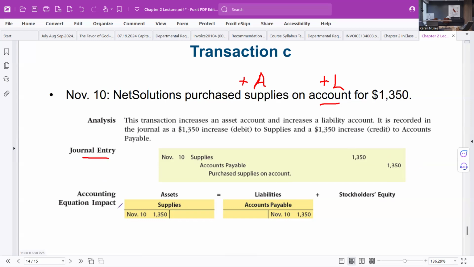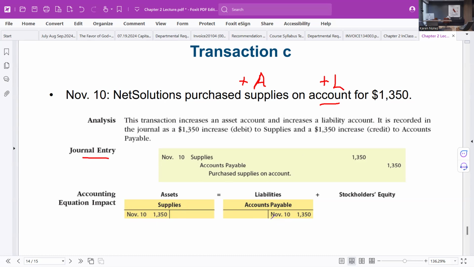And the link to our accounts, these two T accounts, debits on the left, credits on the right. We're going to debit the supplies account for $13.50 and credit accounts payable for $13.50. So that's a second illustration on recording these transactions using double entry accounting.